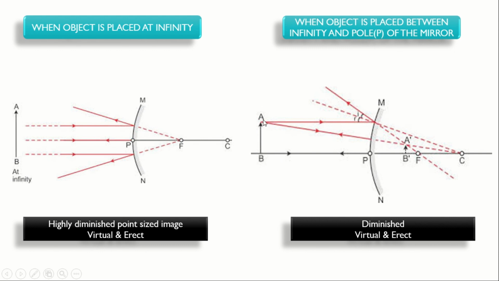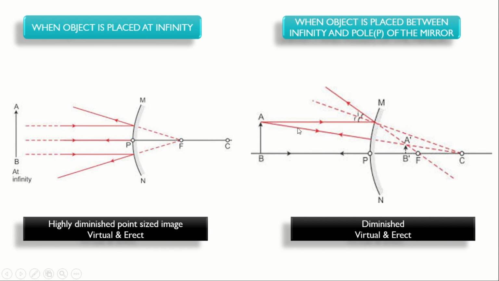When this is the case, the light rays emanating from the object AB, once they hit the surface, I will explain the first incident ray. This is the first incident ray which hits the surface of the convex mirror and reflects. The first reflected ray appears to be coming from a certain point, and that point is the principal focus.